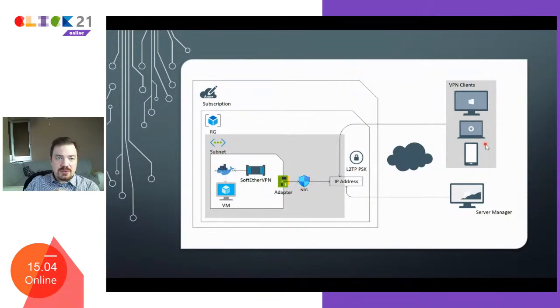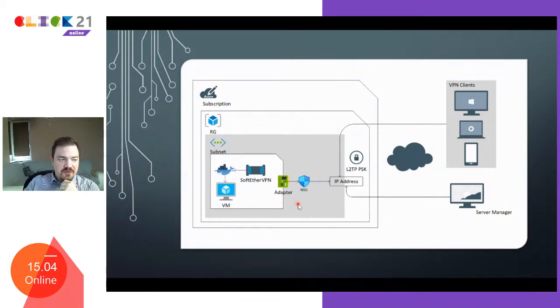It is still possible to use an OpenVPN client because it would support it as well, but the standard Windows VPN connection, for example, would perfectly work. And this part is the server manager. It is a separate application which allows you to connect to your VPN server instance and set it up.